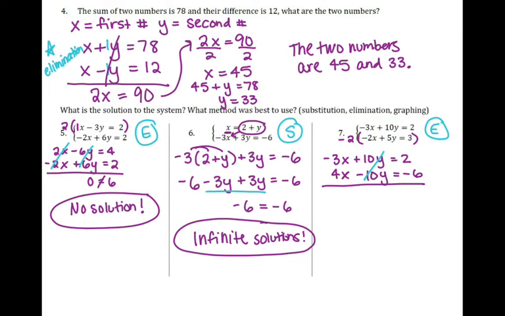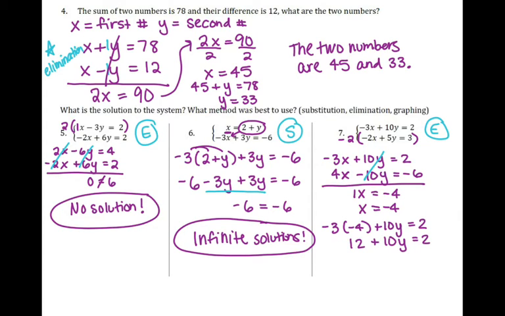The x's do not eliminate this time, which is nice, so we can actually solve. I can combine them, so negative 3x plus 4x is 1x equals negative 4. So we have x equals negative 4. In order to solve for y, I can plug it into either equation, the first or the second one. I am going with the first one for no particular reason, just because that is where my brain told me to go.